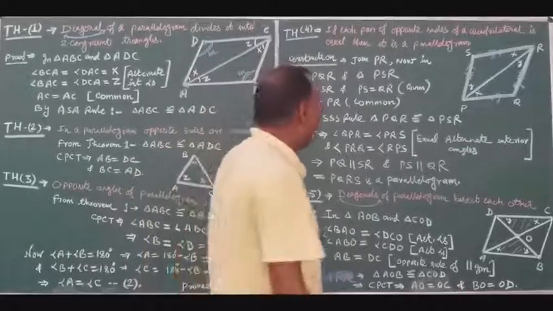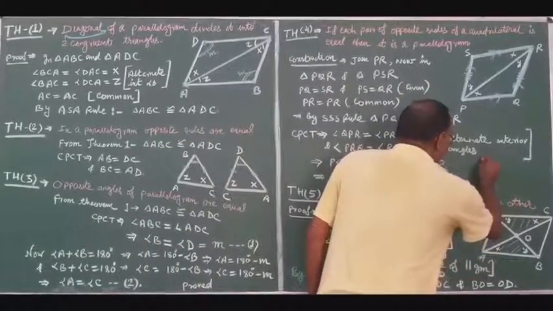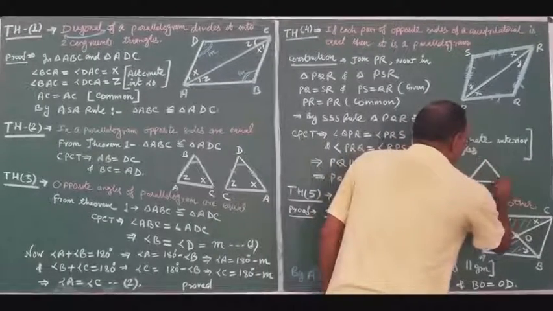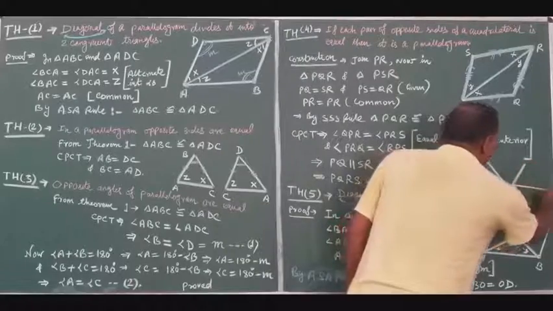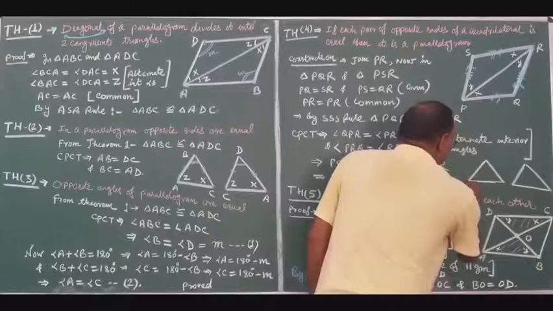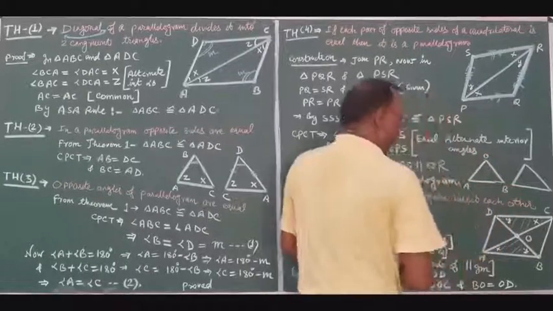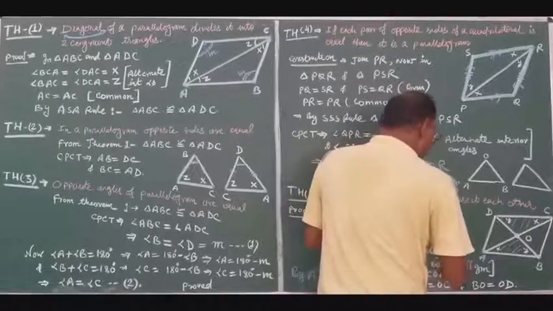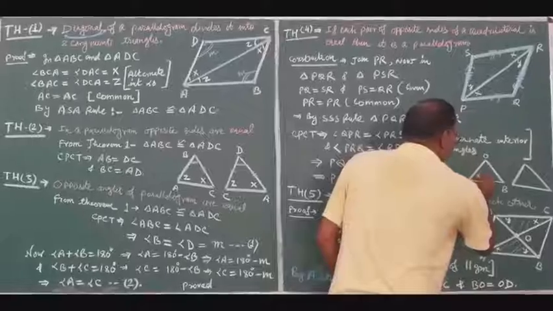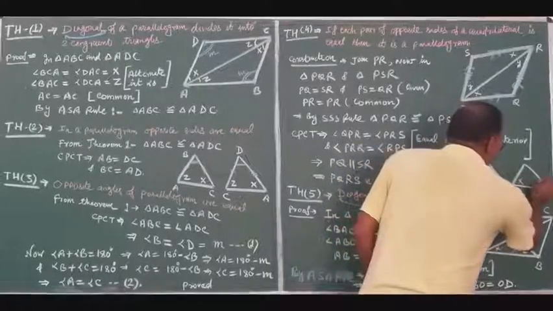Just look here. We are drawing the two triangles for CPCT. Just draw one triangle, then draw the other triangle. Suppose this is AOB. Tell me, this angle was X, this angle was X, and this was Y. Here should be angle X, then Y should be there.